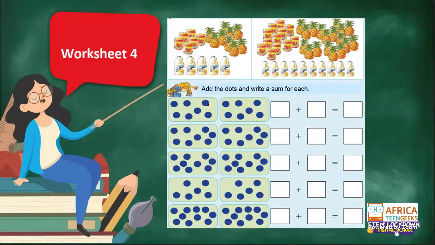Okay, now let's count these ones. 1, 2, 3, 4, 5, 6, 7. And we put a 7 in this block. Now, if we say double up 7, or what is 7 plus 7? What's my answer? 14. Well done.